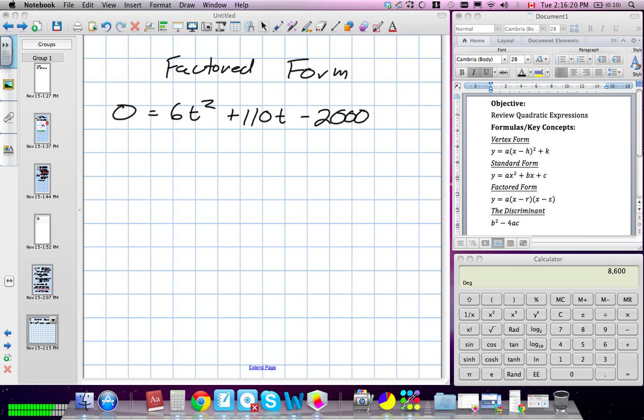For the factors of 2,000, it's pretty obvious that 2,000 and 1 isn't going to be a pairing, and neither will 2 and 1,000. We're going to go with numbers that are a little closer together. For instance, 20 times 100, maybe 50 times 40. I'm only writing out 2 of them because I'm trying to find the fastest way to factor this.